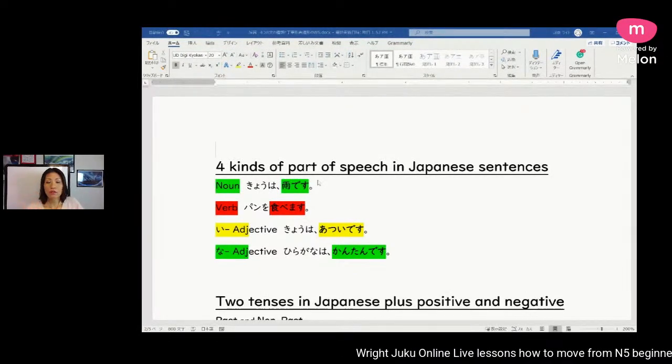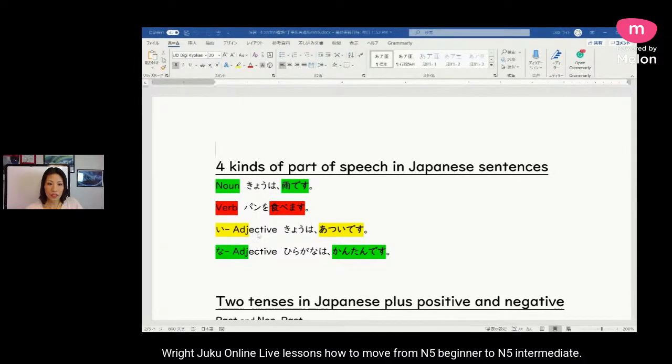So there are 4 parts of speech in a Japanese sentence: noun, verb, i adjective, and na adjective.